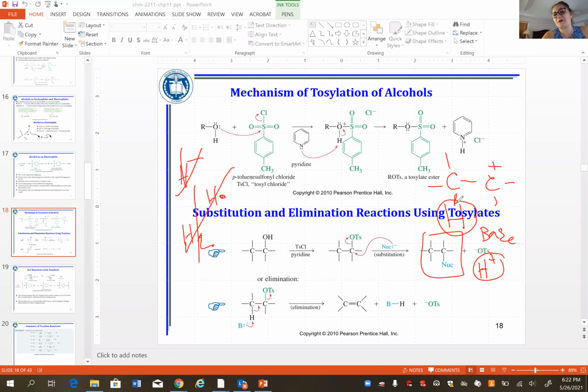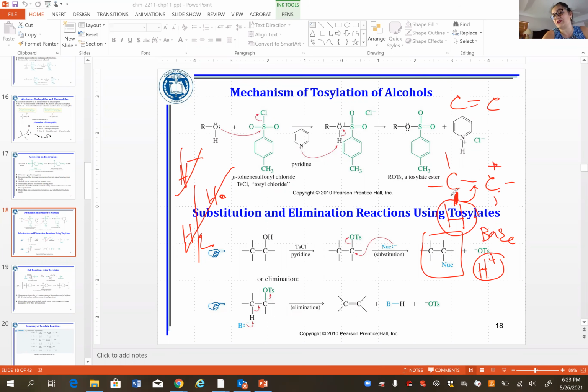Now, what happens to this pair of electrons? This pair of electrons doesn't go with hydrogen, so it is going to drop in. When the pair of electrons drops in, you get your C=C double bond there. So basically, when you remove the H plus, you create a carbon with negative charge, and then an adjacent carbon with positive charge.